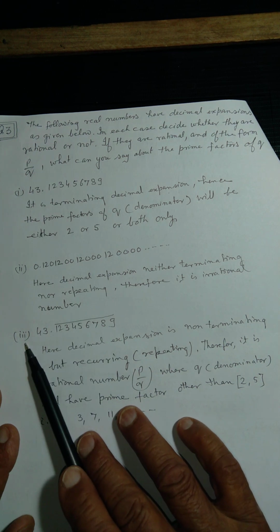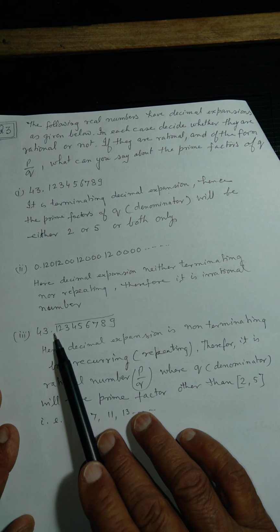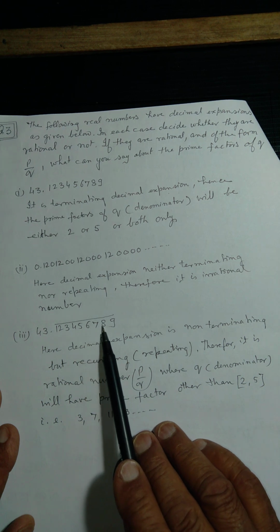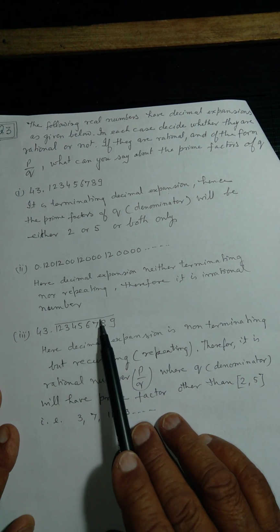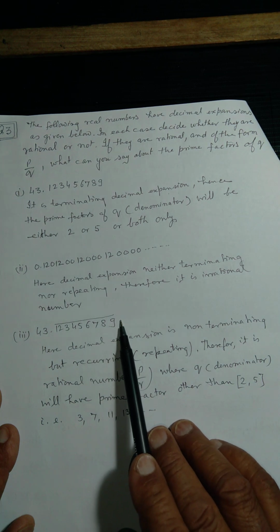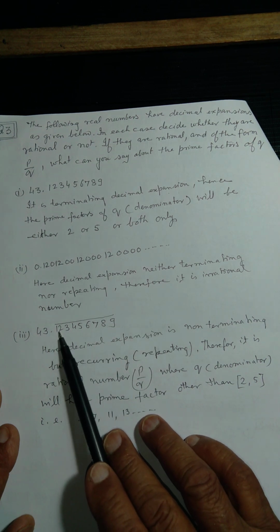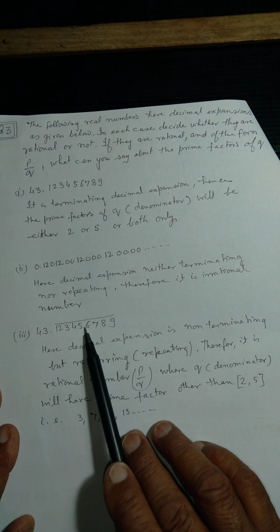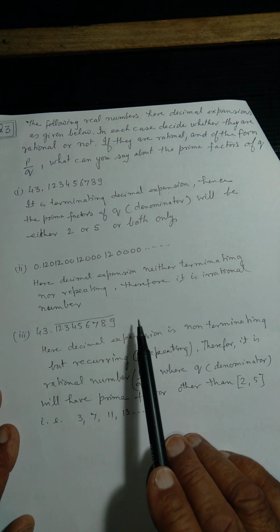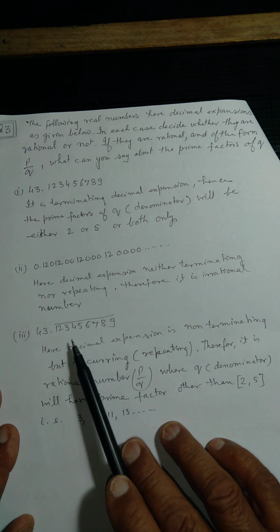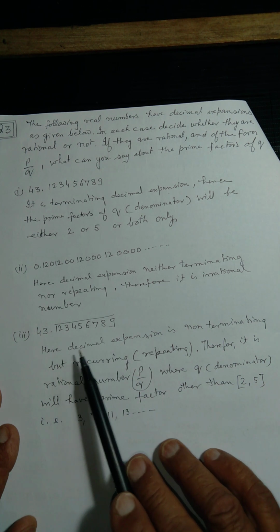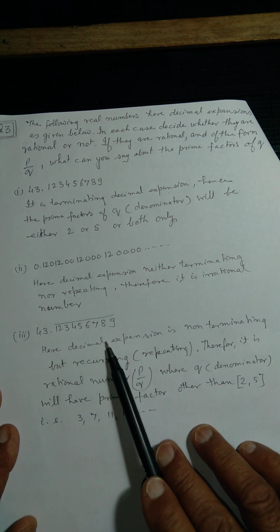Now the third part, that is 43.12345678 with a bar above it, which means it keeps on repeating. The bar indicates that these digits will keep on repeating. So it is non-terminating but repeating. Therefore, non-terminating but repeating is also a rational number.